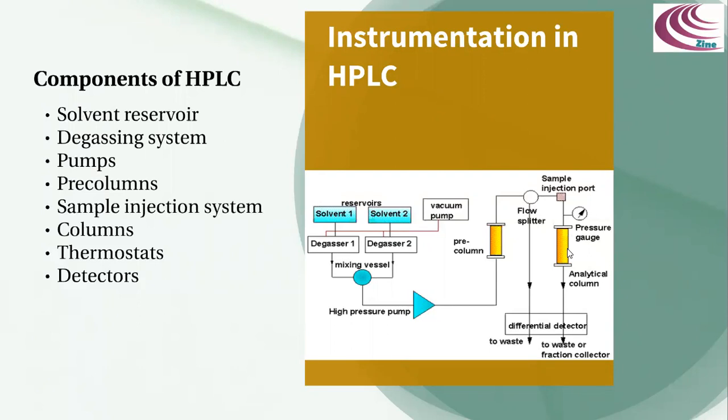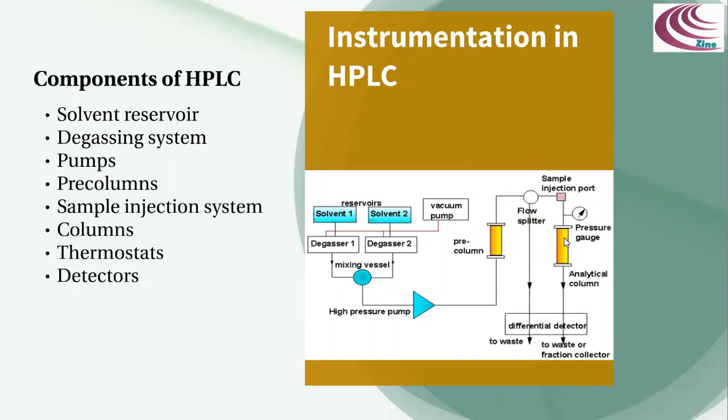The sample is injected through a port into the high pressure liquid carrier stream between the pump and the column. The separation takes place on a column which varies from 50 to 100 centimeter in length and 2 to 3 mm in internal diameter. Typical flow rates are 1 to 2 ml per minute with pressure up to several thousands psi.